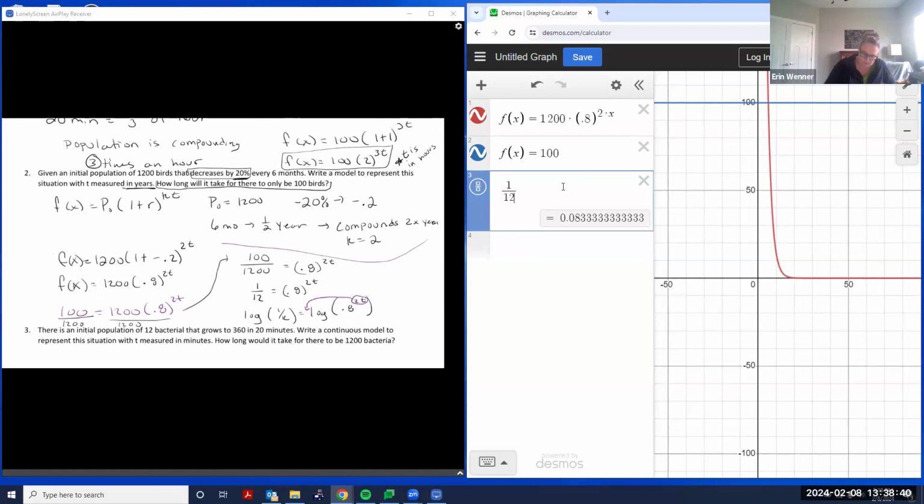So we're bringing that 2t down to the front. So I've got log of 1/12 equals 2t times log of 0.8.